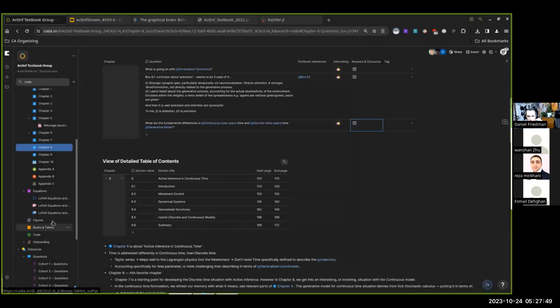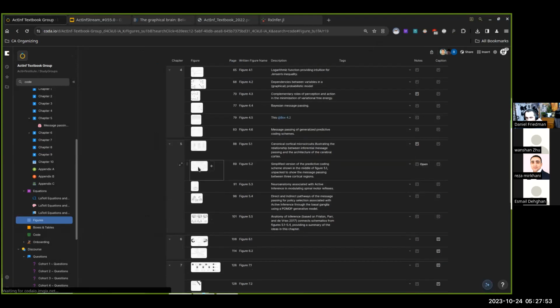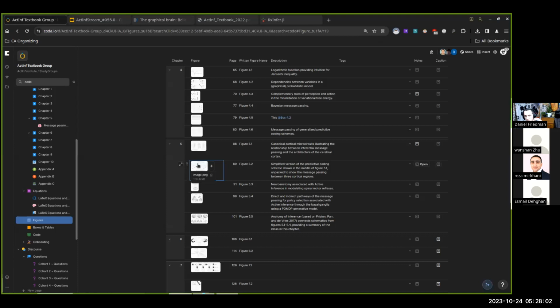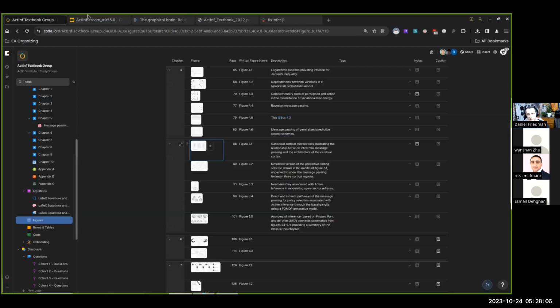For example, let's say here, chapter 5. Well, so that's figure 5.2, predictive coding. So here, these kinds of things.